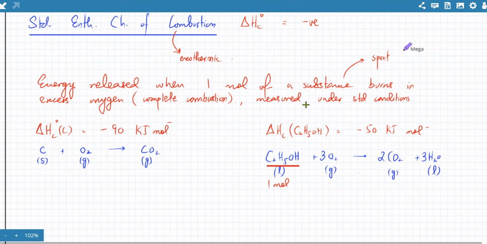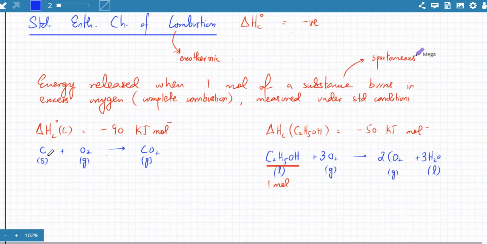Not every reaction with oxygen is considered a combustion reaction. For example, iron reacting with oxygen, rusting, is not combustion. Although it is iron reacting with oxygen, it's not iron burning in oxygen. So it has to be a spontaneous combustion reaction, and a complete combustion reaction.